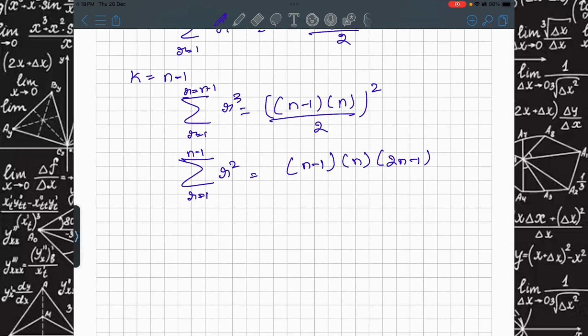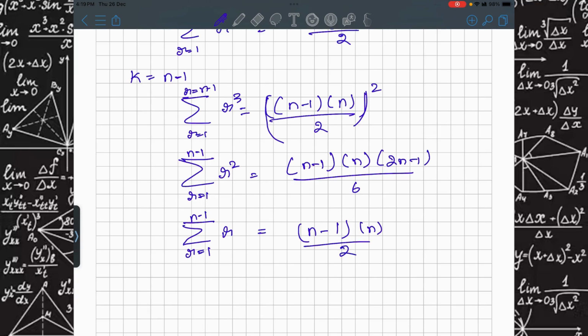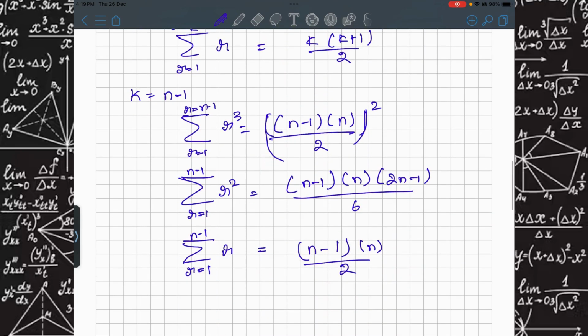So 2n minus 1, okay, divided by 6. Next, r equals to 1 to n minus 1, r, now it will be a normal r, so it's very simple, n minus 1 times n. This is complete whole, okay, don't forget it, divided by 2. So these are all the formulas, right?